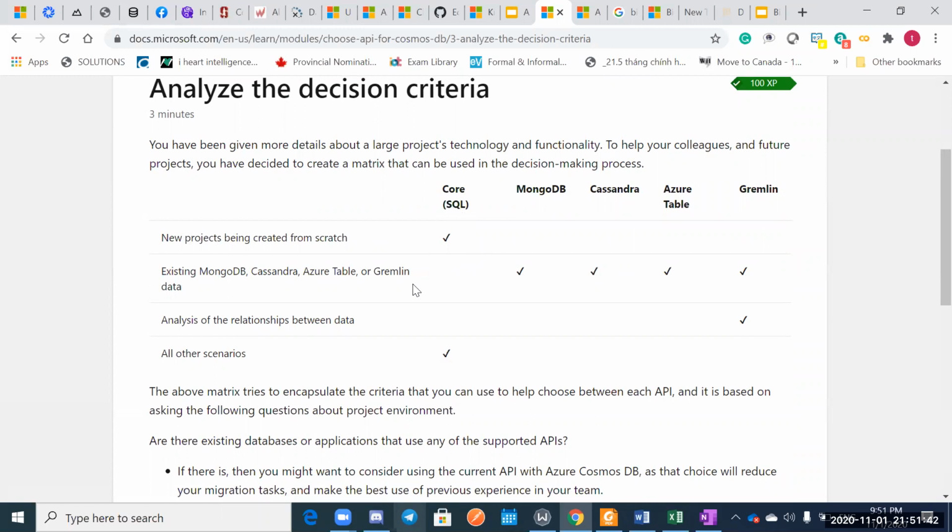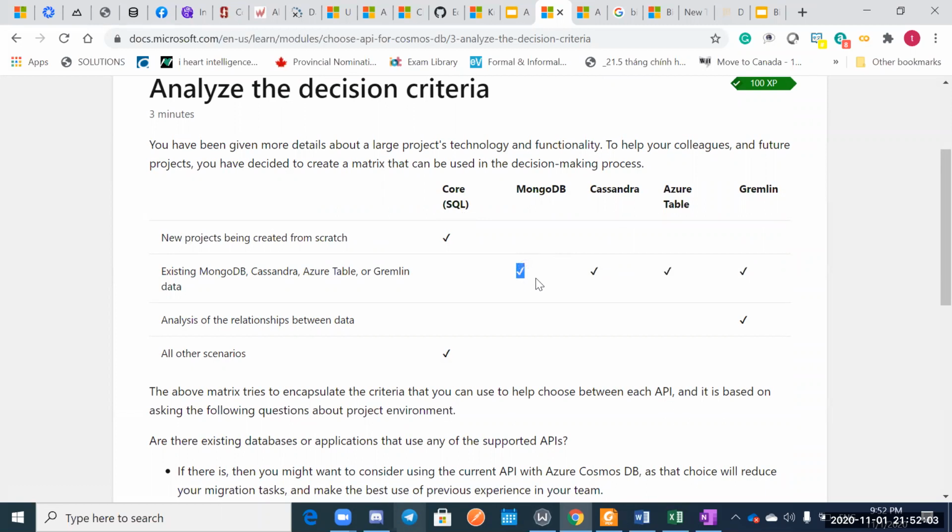Over that, when you have existing MongoDB, Cassandra, Azure Table, or Gremlin data, then you need to select one that fits with the protocols, right? So if you have the MongoDB storage, then you need to select the MongoDB API.